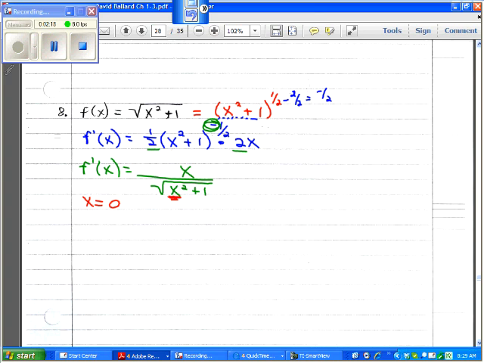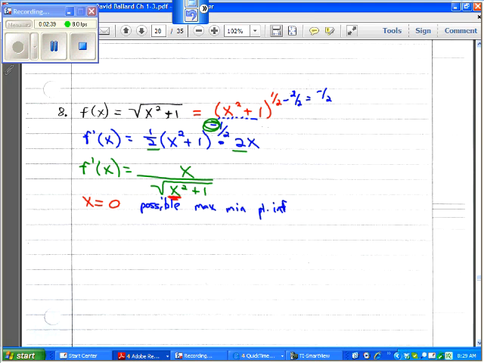Now, instead of setting up test intervals in the first derivative, we're going to apply the second derivative test. We know that at x equals 0, there is a possible relative max, there's a possible relative min, and there's a possible point of inflection.